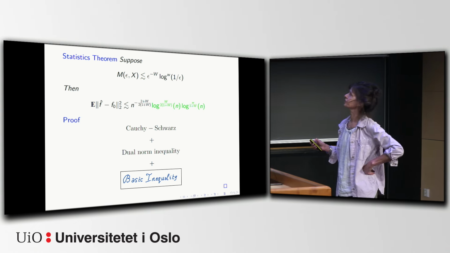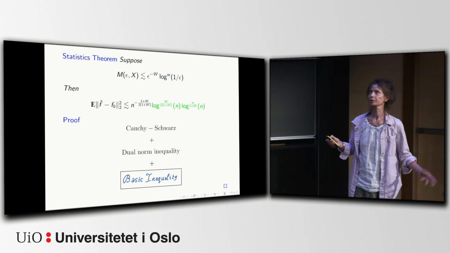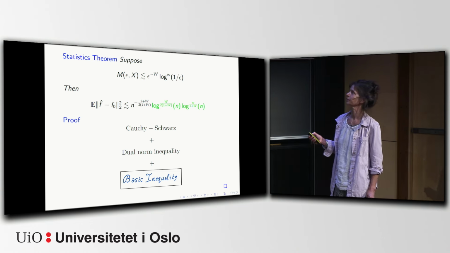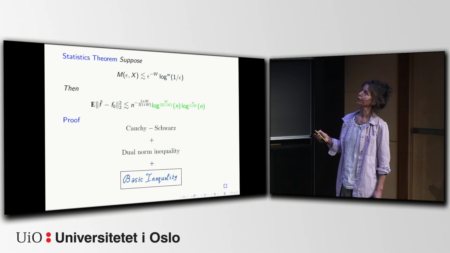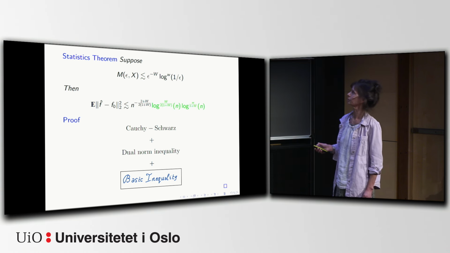Then, you can define this approximation number for all epsilon, and as a function of epsilon, if it behaves polynomially in epsilon with exponent w, then the excess risk on average can be bounded by something polynomial in 1 over the number of observations, and the coefficients are like this, 2 plus w over 2 plus w.